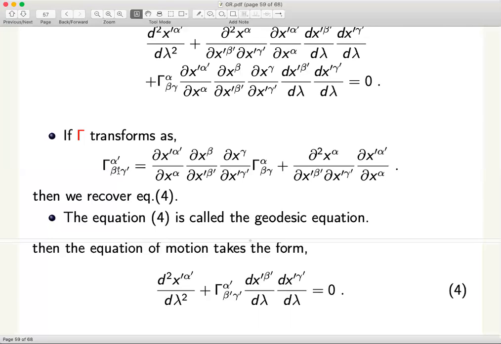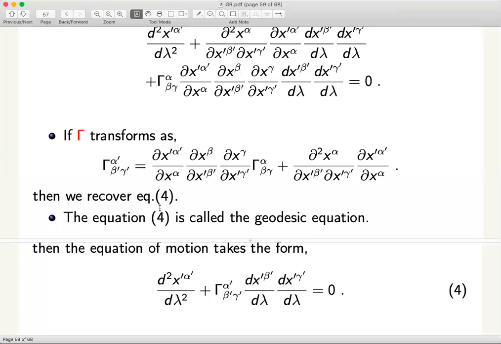And it is just as well, because then you can simplify your geodesic equation by appropriately choosing a nice frame in which gamma alpha prime beta prime gamma prime is 0, and you can solve this equation in a very simple form, and then do an inverse coordinate transformation to obtain the solution in whatever frame in which you wanted the solution to be.